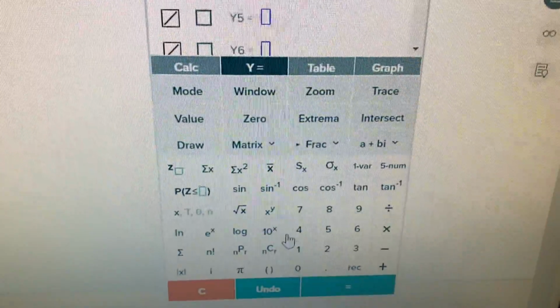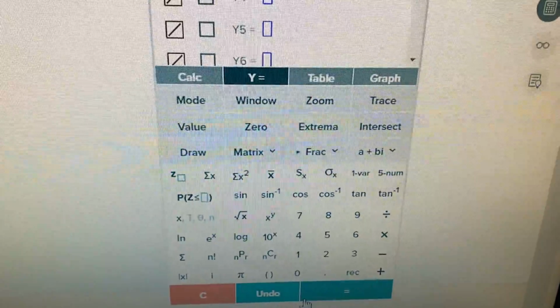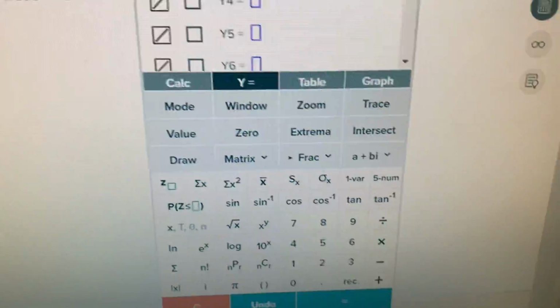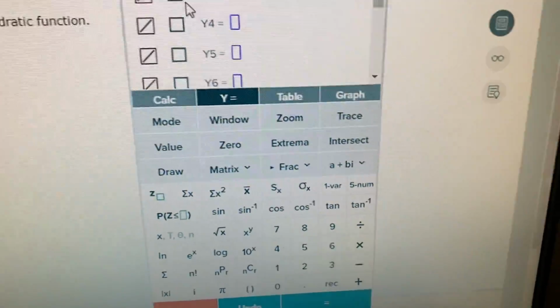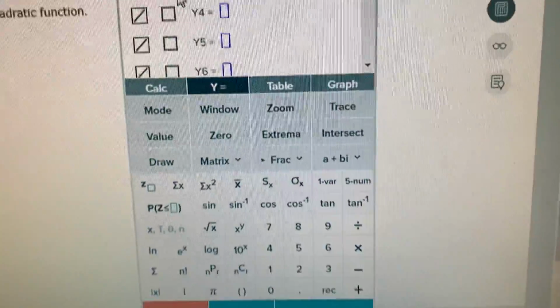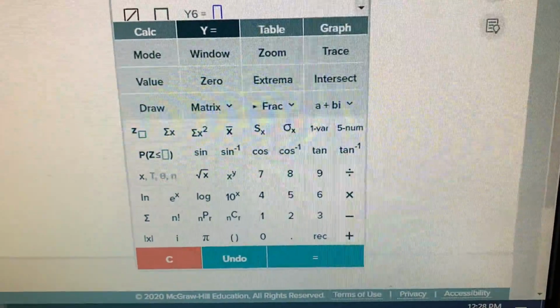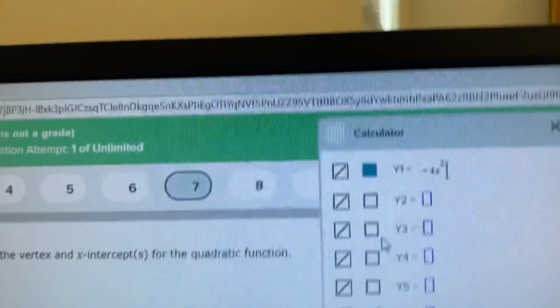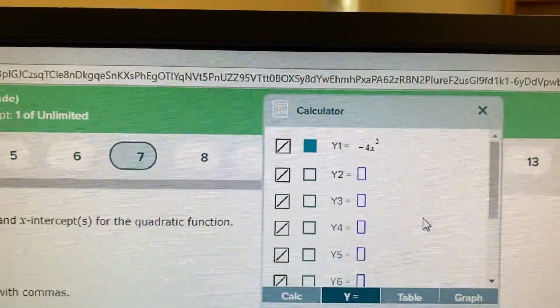So you're gonna have to probably arrow over on your keyboard, because I don't see an arrow on those choices down there. So you're gonna arrow over using the arrow buttons on your keyboard, because that cursor needs to get out of that exponent.